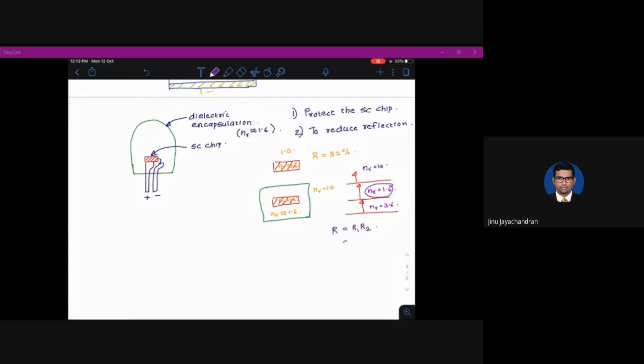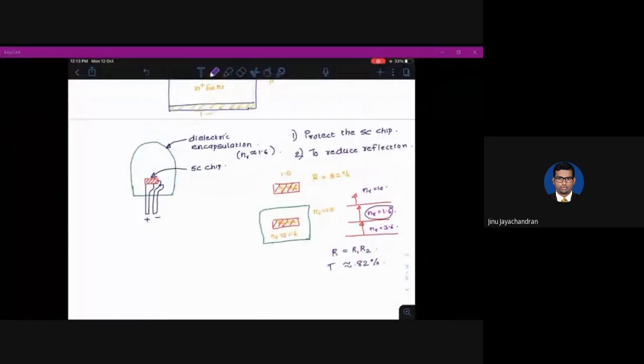Because of this, you will get approximately 82% transmission, so reflectivity will be around 18%. So the dielectric encapsulation helps us to protect the chip, and it also helps in reducing the reflection.